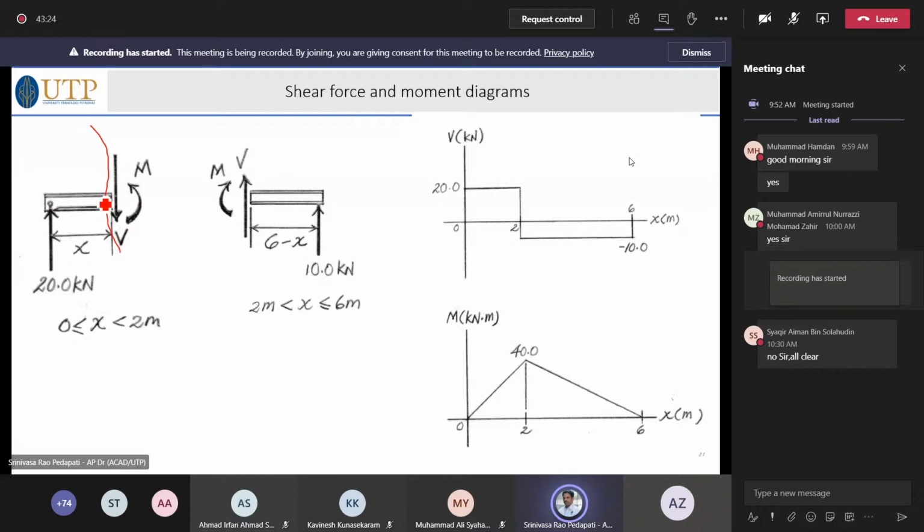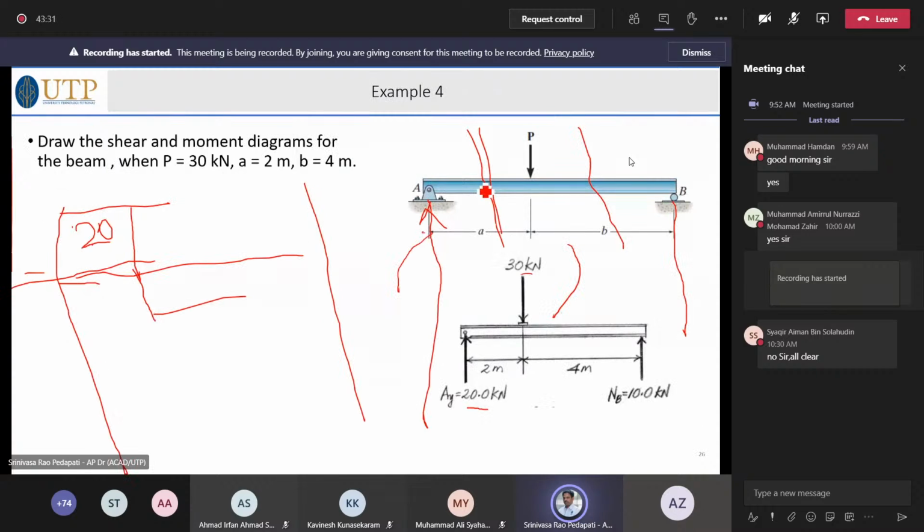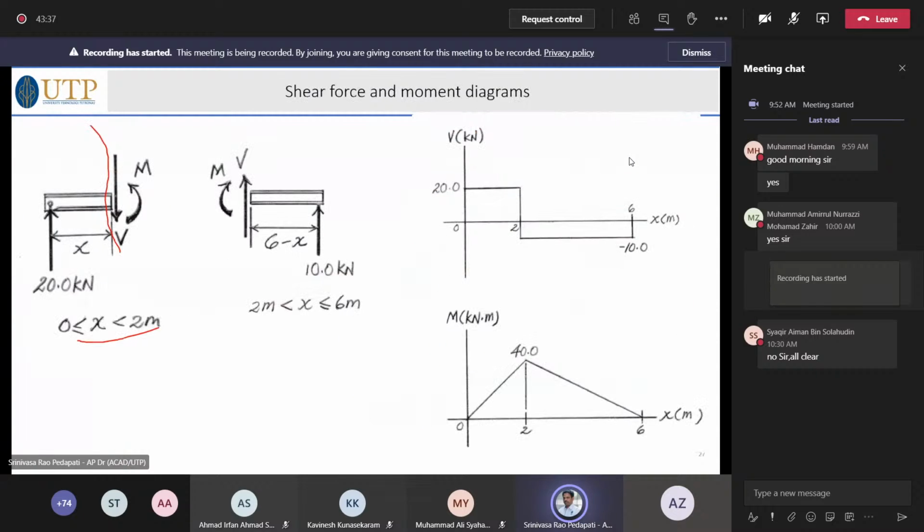So any zone which is less than 2 meters from the beam, that means from here to here, 20 kilonewton up is the only force. So if I take the left hand section, 20 kilonewton is the only force that is acting until what time? Until 2 meters.